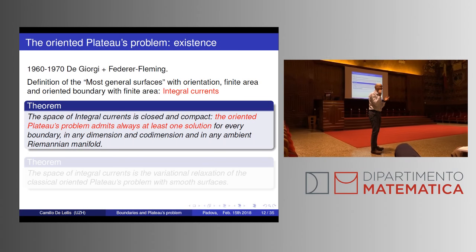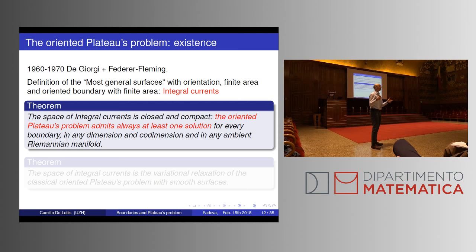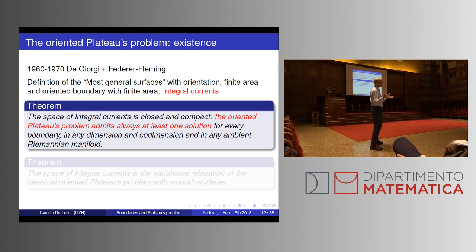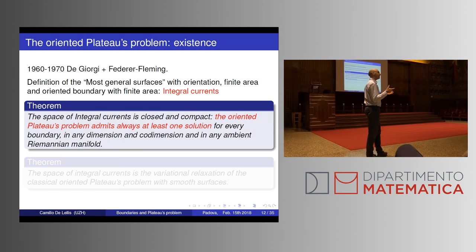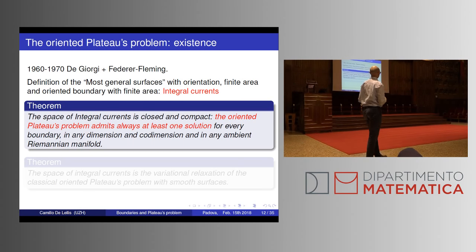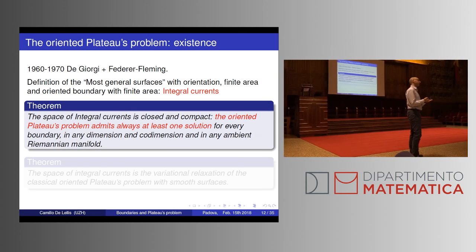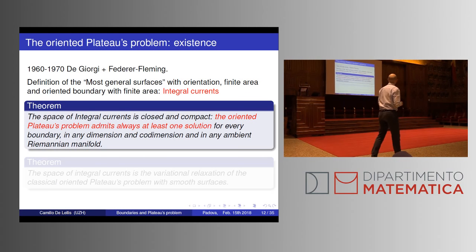For any reasonable oriented boundary, in a reasonable Riemannian ambient space, so in a reasonable geometry, there is always a solution of the oriented Plateau problem. So there is always a generalized oriented surface, which is the absolute minimum of the area functional, which is therefore a candidate solution for your classical Plateau problem. So that's one theorem.